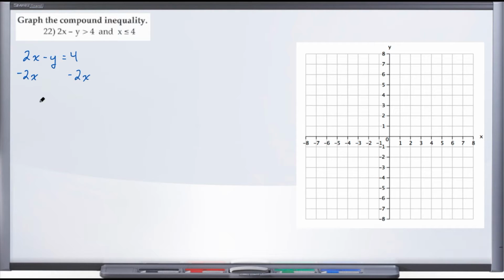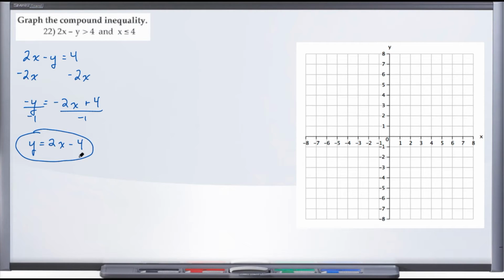So we'll subtract 2x from both sides, and that leaves us with negative y equals negative 2x plus 4. Then if we divide by negative 1 on both sides, we end up with y equals 2x minus 4. So this is now our equation rewritten in slope-intercept form.